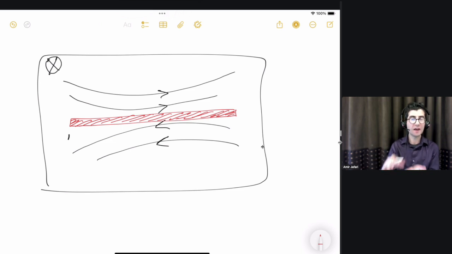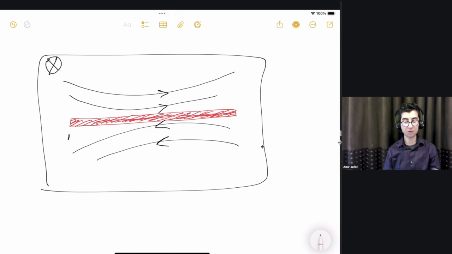In this case, we are talking about a layer in red color here, and above that you have another layer with magnetic field directed to the right, and below that you have magnetic field oriented in the opposite direction. So this is what we mean by magnetic shear.